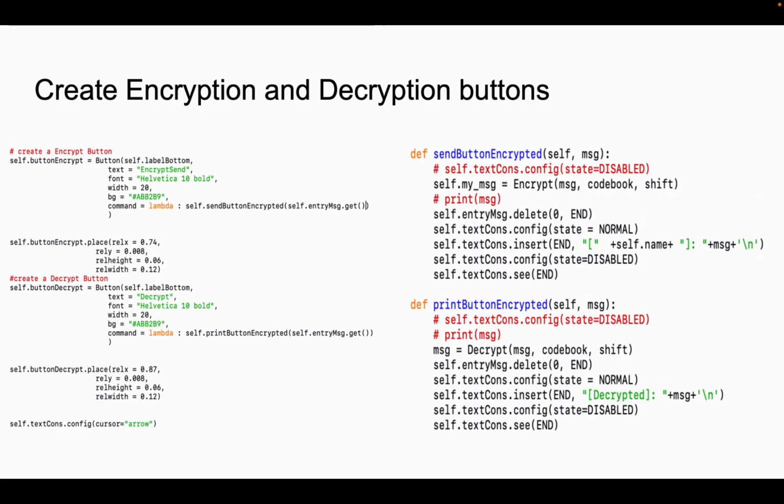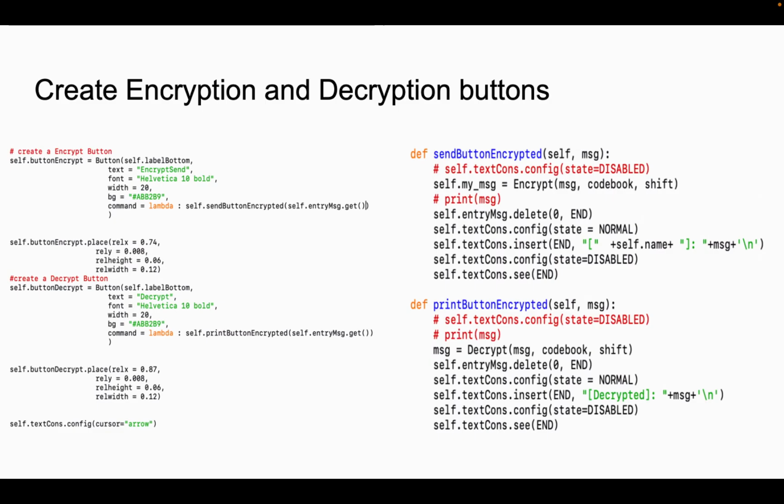These are the working ones, in which after you press, at first you use a method on the previous page, the encrypt and decrypt method, to check if the message is in the codebook, and then if it is in the codebook, we can send the encrypted message, and then delete the message after you hit send.